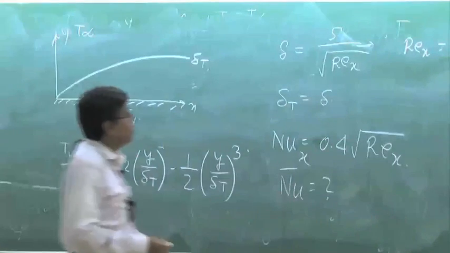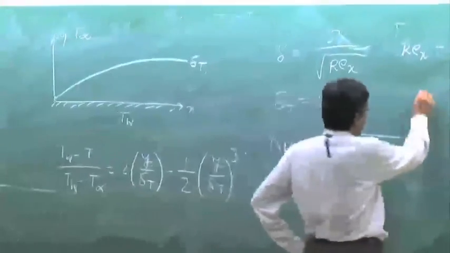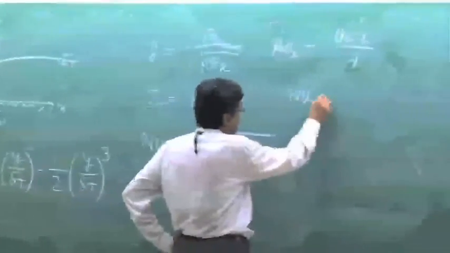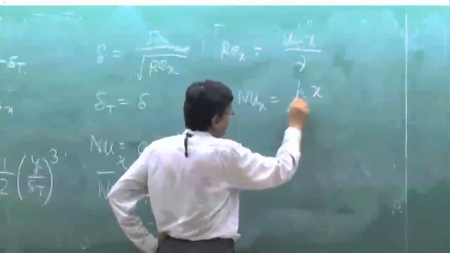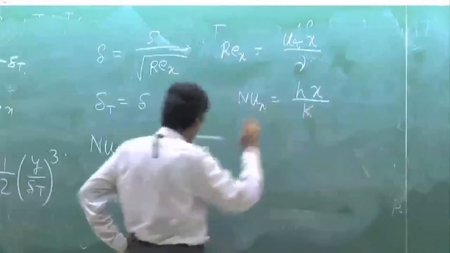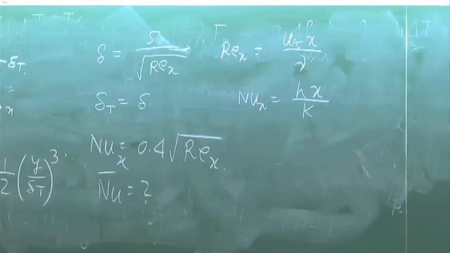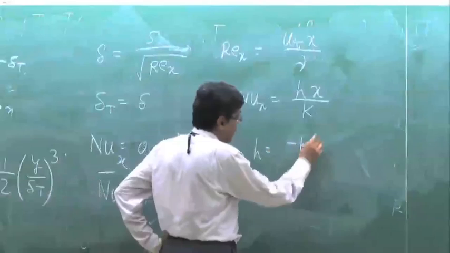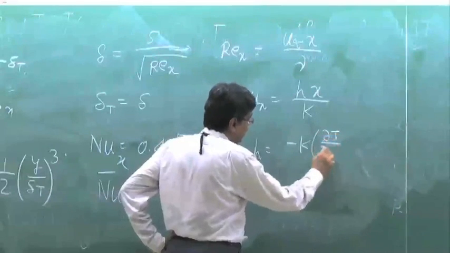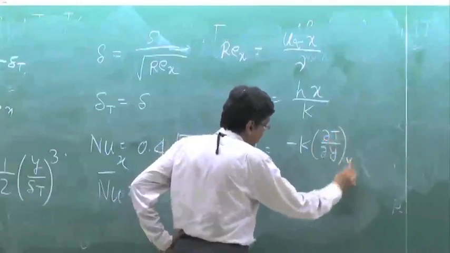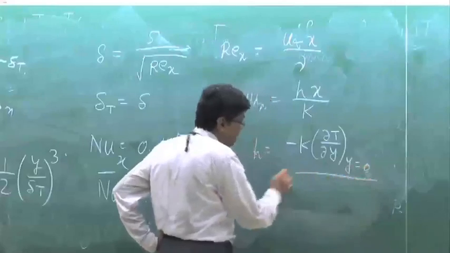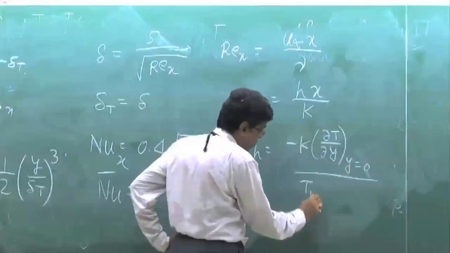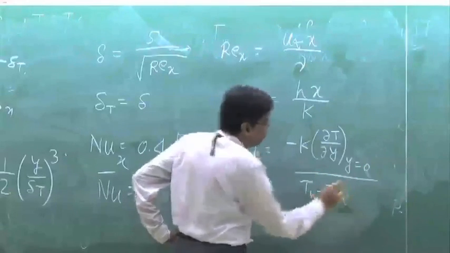Now, we have to find out Nusselt number. Now, Nusselt number x is h, this is the convention, x by k. How to find out h? h is minus k del T del y at y is equal to 0 divided by Tw minus T infinity.